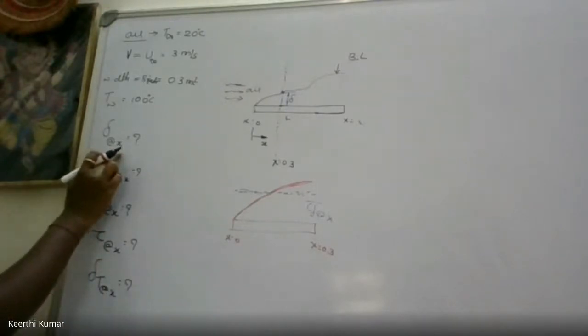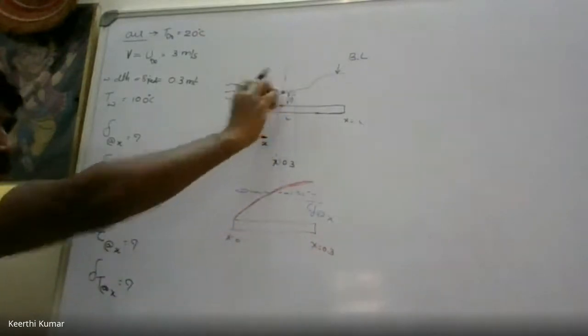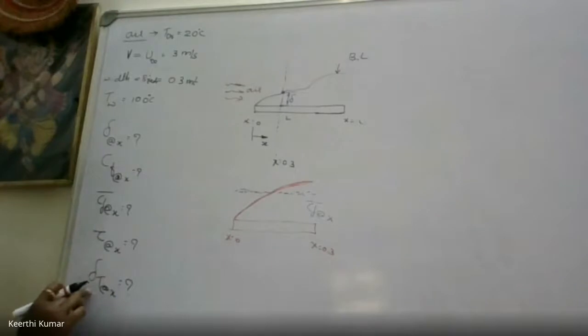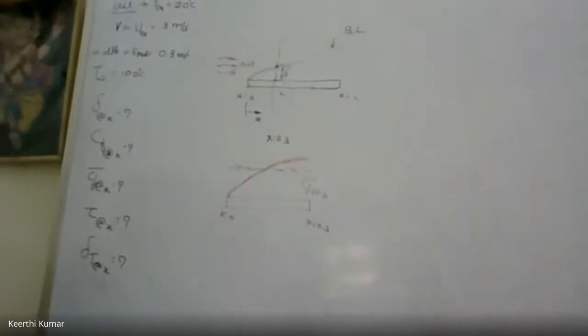This is the boundary layer thickness, that is delta, obtained due to velocity. This is the boundary layer thickness obtained due to the temperature. That is called thermal boundary layer. I have explained both concepts: the temperature profile and the velocity profile. This is due to velocity and this is due to thermal. So I am going to write just delta T at x.